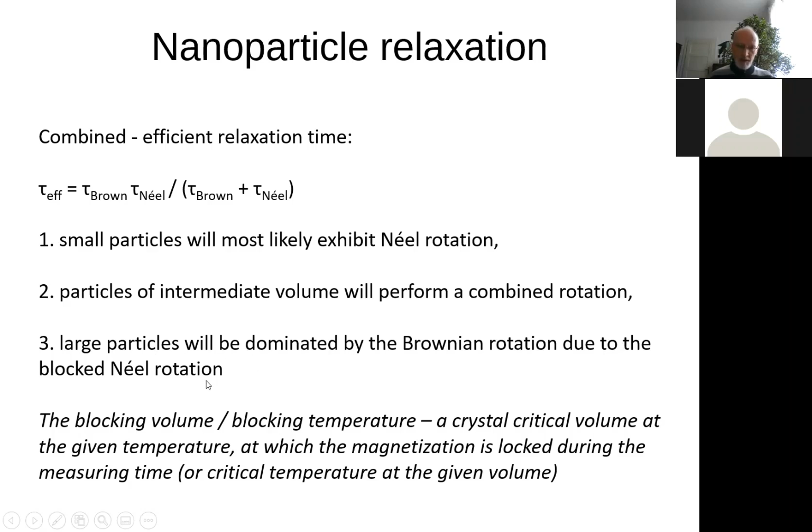If the particles are too big, then it's very hard to rotate only the magnetization inside the crystal structure. So small particles exhibit Néel's rotation, while large ones should be rotated as a whole.